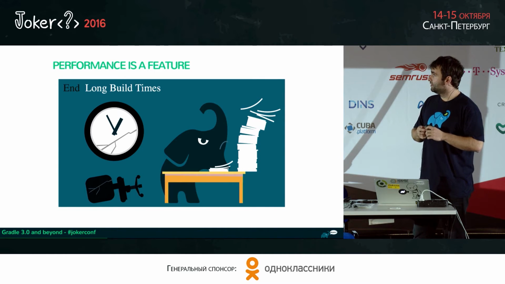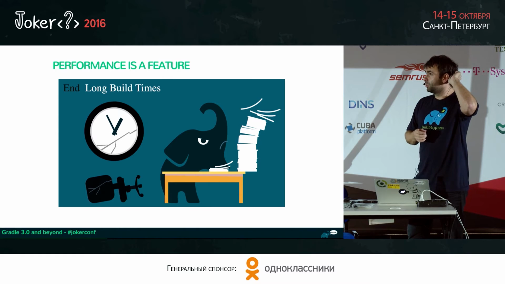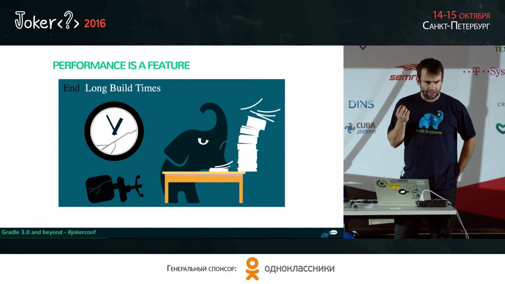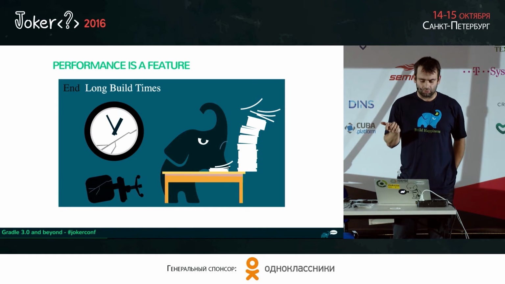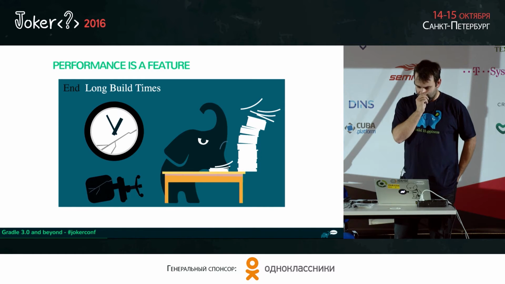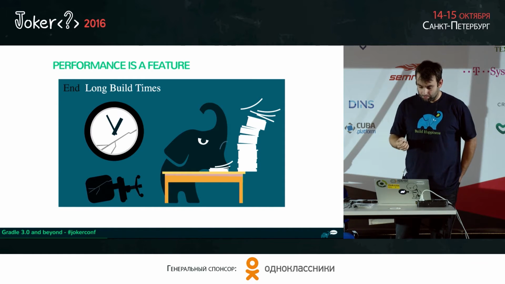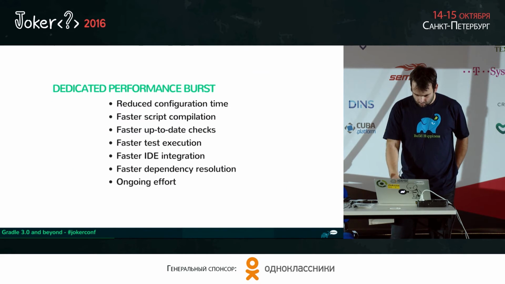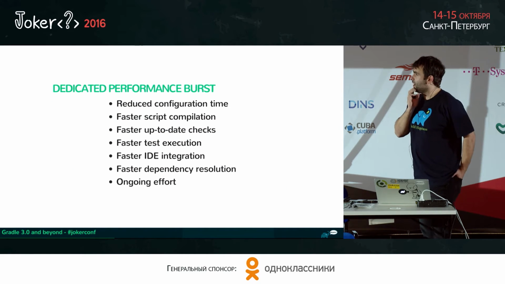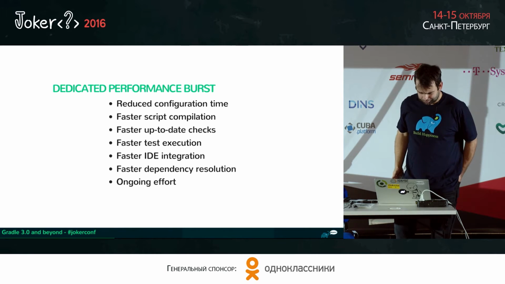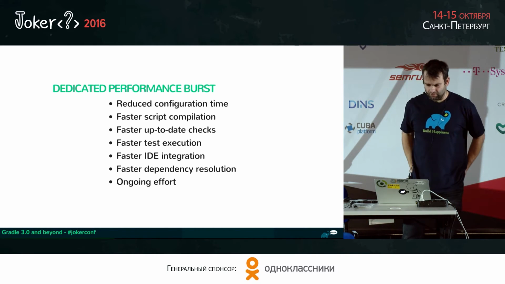So what we did in the last couple of months, we started in March or so, we had a dedicated team at Gradle who invested in making the performance of Gradle better, and they are still going on. What we got so far out of that dedicated performance burst is massively reduced configuration time.